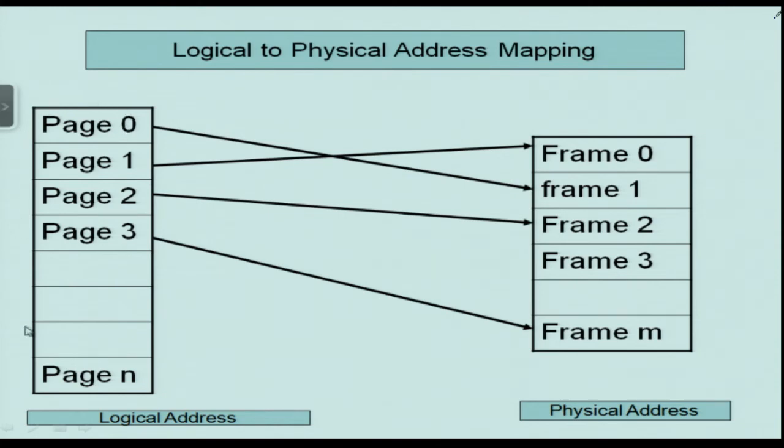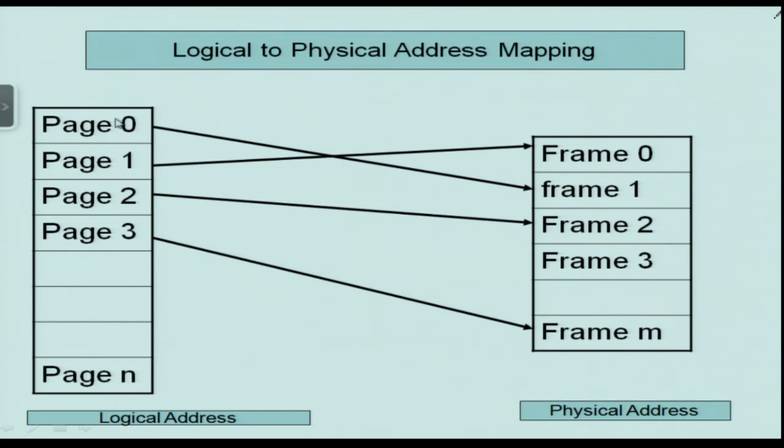So, a given logical address space can be divided into n pages, all of fixed size. In the same way, the physical memory can also be divided into frames of equal size. The page size and the frame size in this scheme are the same. If the page size is 4 kilobytes, the frame is also 4 kilobytes.